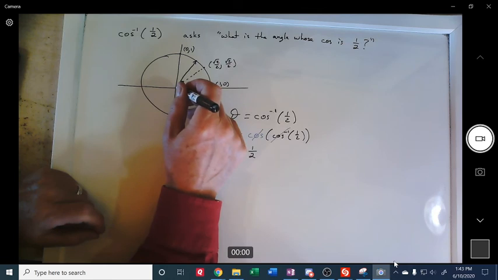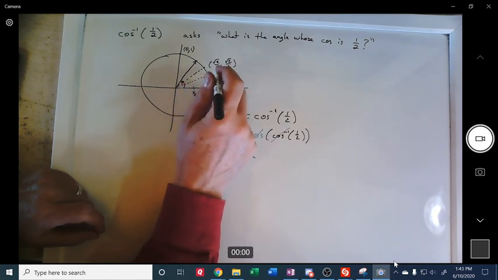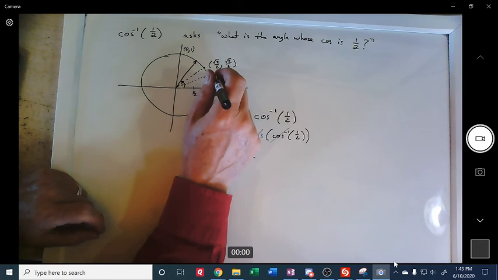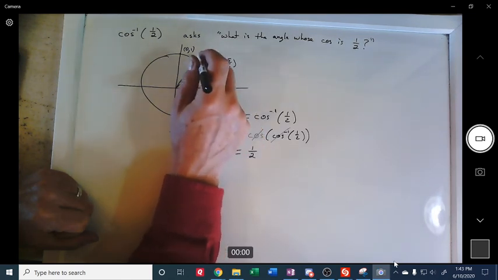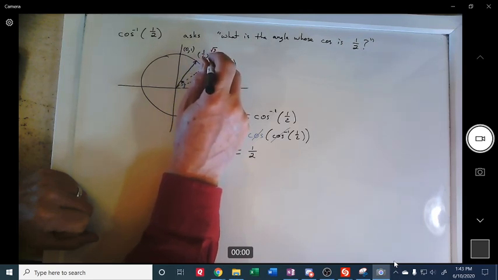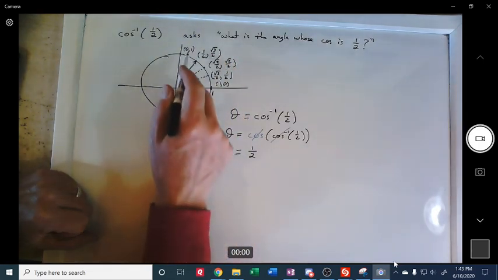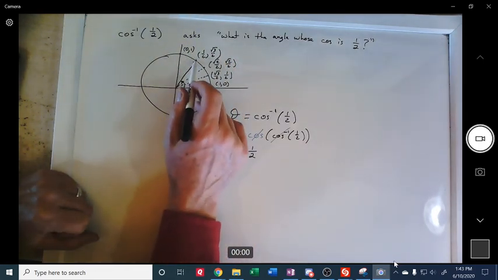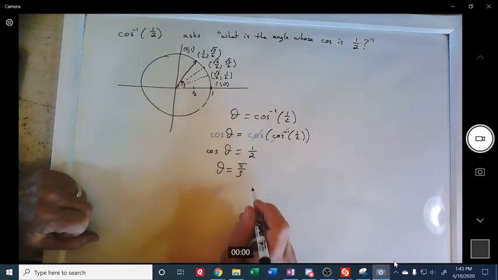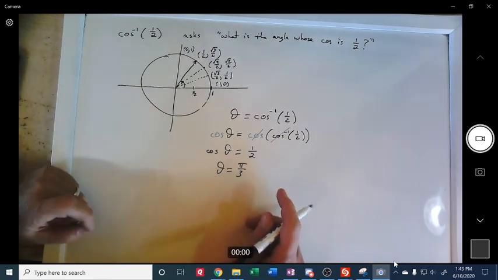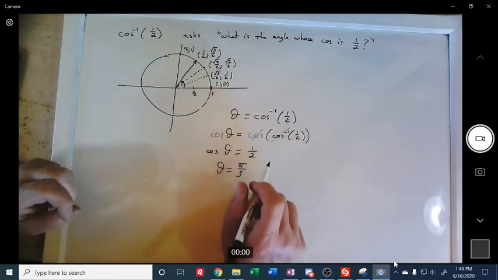If I had a 30-degree angle, which is the same as pi/6, it would be the larger number over, square root of 3/2 over, the smaller number up, 1/2. If I'm over here, I go the smaller amount over, the larger amount up. And what is this angle? It's right up here. Theta turns out to be pi/3. We will be using radian measure rather than calling it 60 degrees.